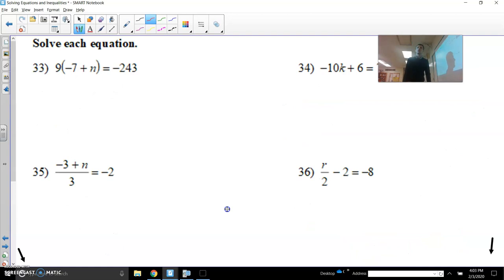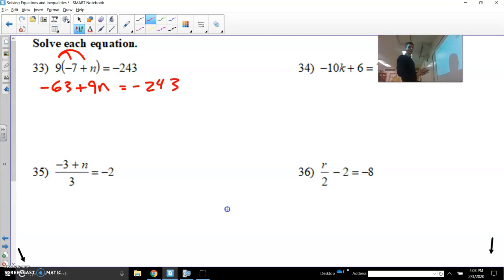So let's look at some of the problems that I assigned for homework. I'm going to start with number 33, and this first part is what we call distribution. Again, when you see things against each other, that represents multiplication. So I have 9 times negative 7, negative 63. I also have 9 times n, which is 9n, and that equals negative 243.